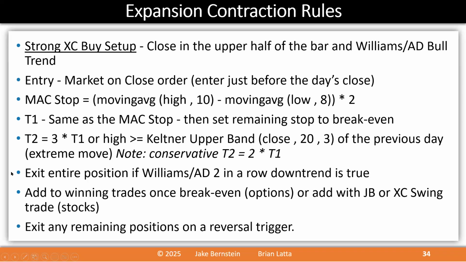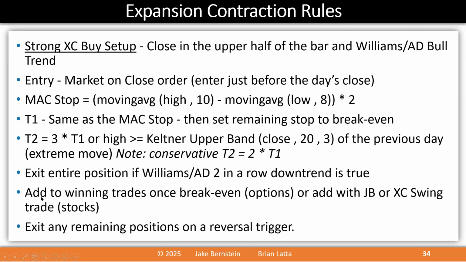So we're going to exit the entire position when Williams accumulation distribution changes from, say, an uptrend to a downtrend. Again, this is basically a Jake rule using Larry Williams accumulation distribution as a trend filter. If we are long and the trend changes, we would exit the position.